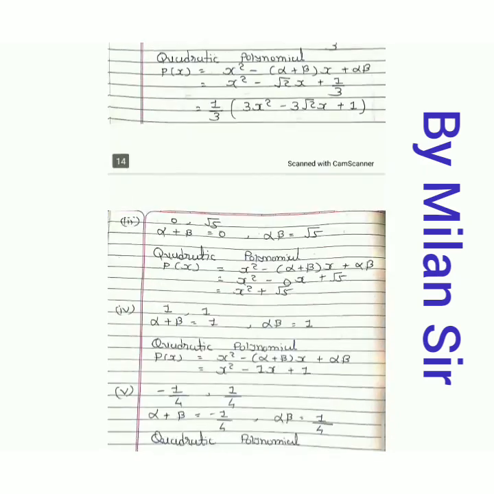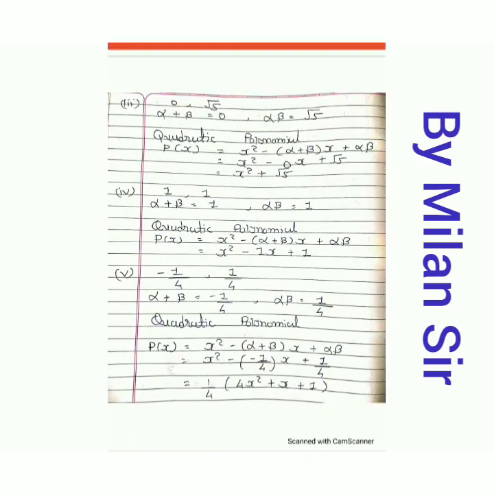Then third question. So these are easy questions. In the third question, alpha plus beta, first value, is equal to 0. Second value alpha into beta is equal to under root 5. Again same formula. Then your x square is as it is.